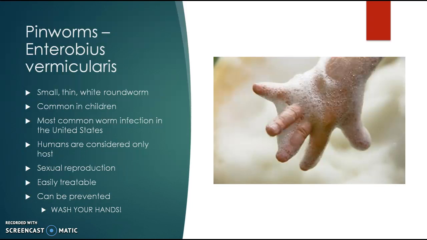And humans are considered the only host for this parasite. They reproduce sexually, with a male and a female pinworm reproducing in the intestine of a human. And they're easily treatable through over-the-counter drugs that are very accessible, and they can be prevented by washing your hands.